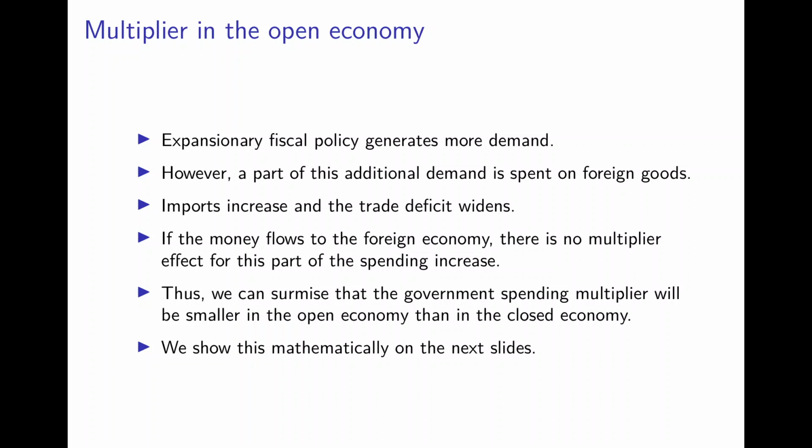And so some of the money that the government spends on additional governmental consumption flows to the foreign economies. And on this part, there is no multiplier effect, of course, because this additional income is generated abroad and is not spent in the domestic economy for domestically produced goods. So we would surmise that the government spending multiplier is smaller in the open economy than in the closed economy. And on the next slides, we will analyze this mathematically.